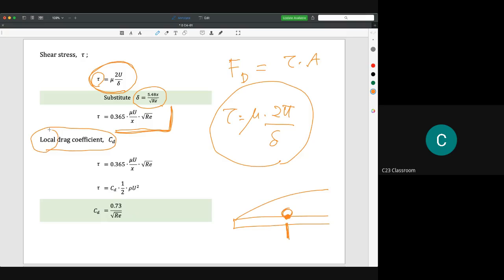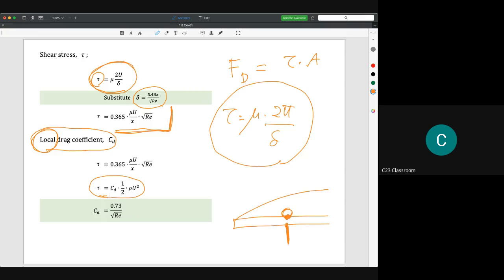Local here means the drag coefficient, the dimensionless number that gives us the strength of the force, the coefficient. We call it local because this coefficient is only valid for this specific area.